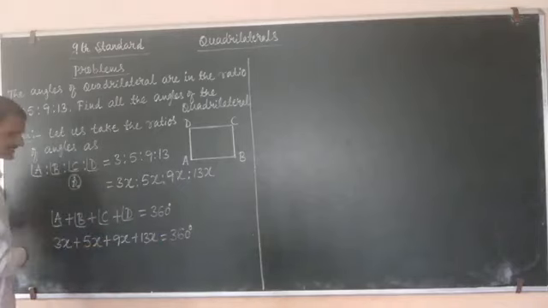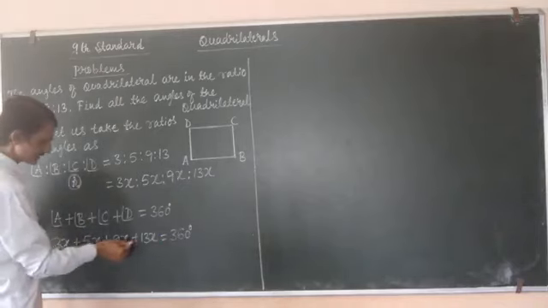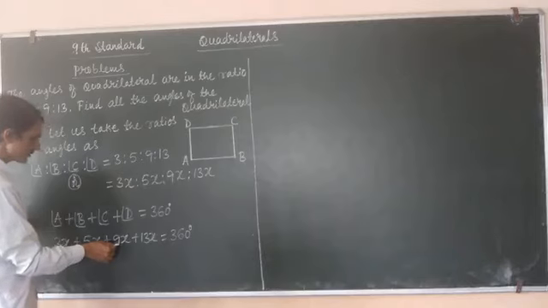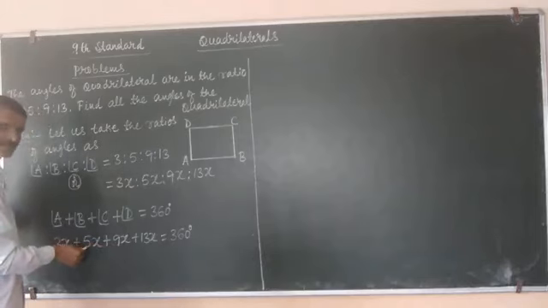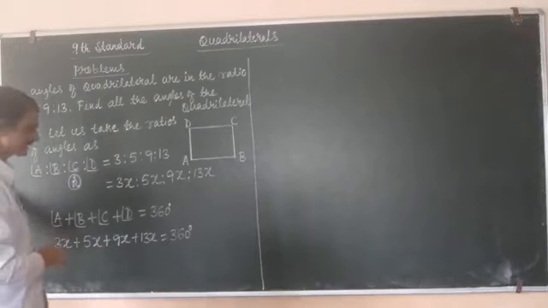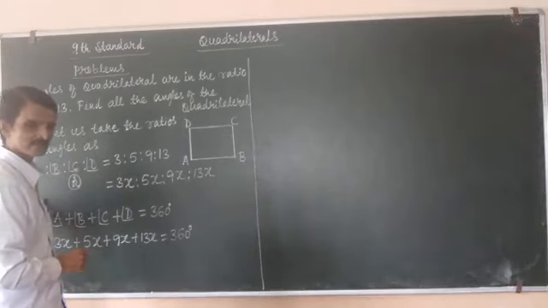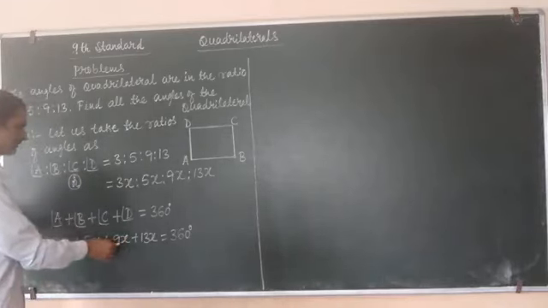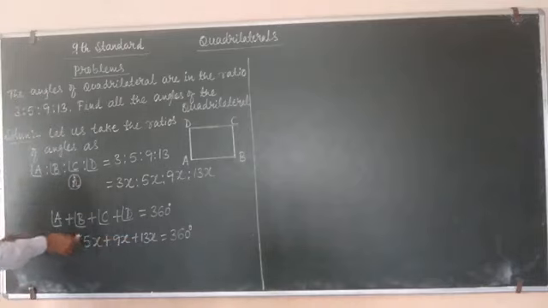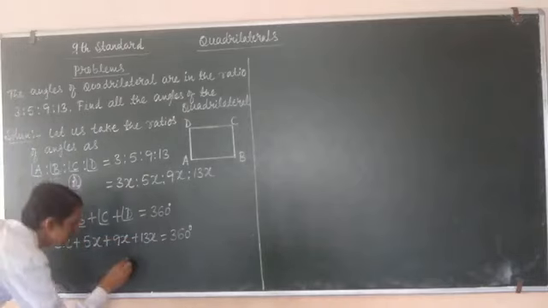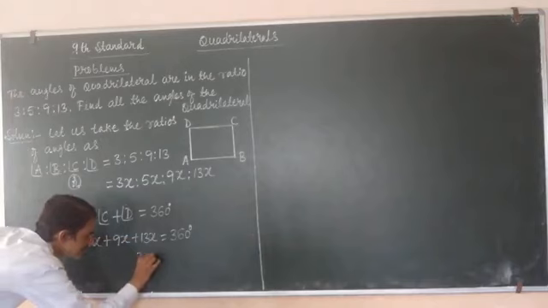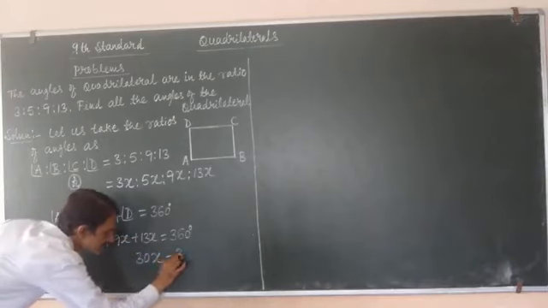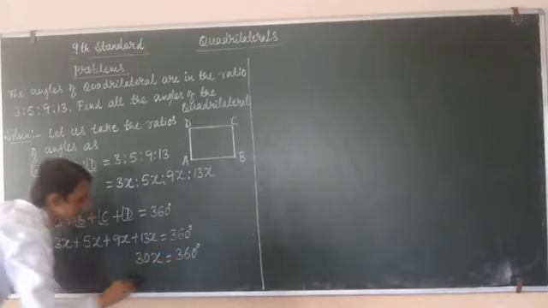Now if you add these, 13 plus 9 is 22, 22 plus 5 is 27, 27 plus 3 is 30. So 30x equals 360 degree.